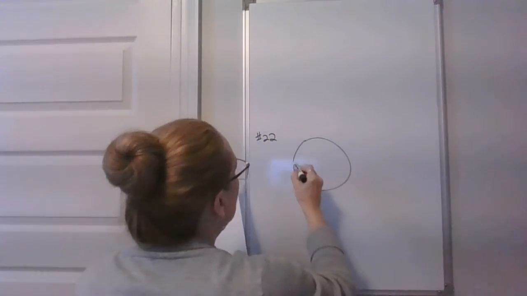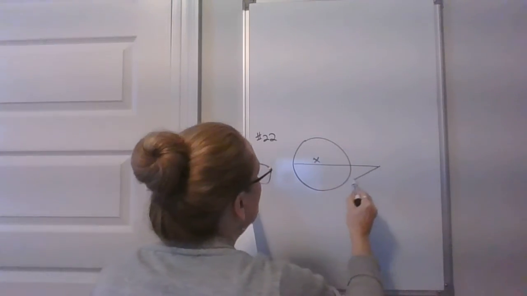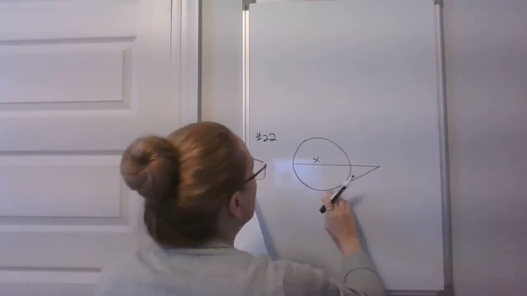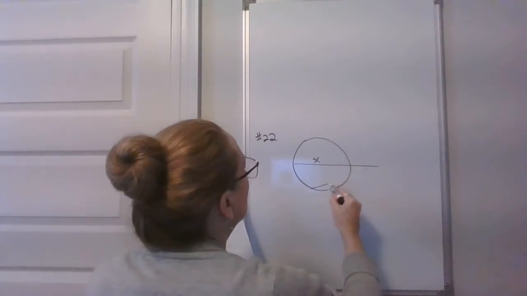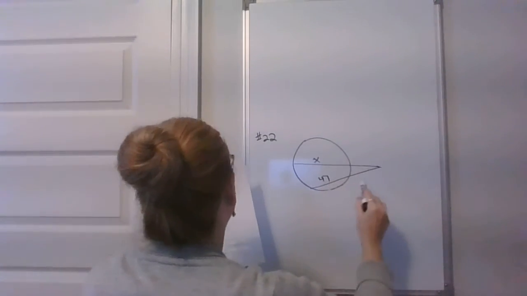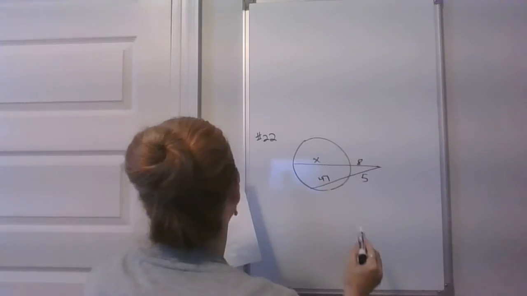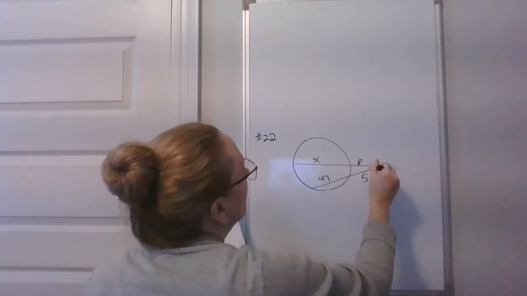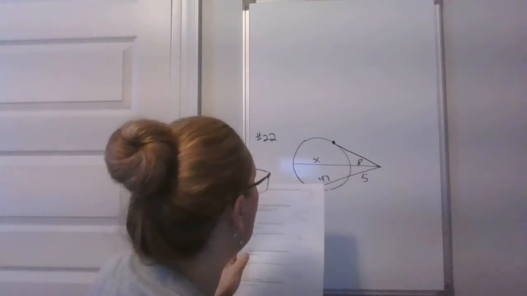Now, this one is asking not only to find the X value, and it has a, oh, excuse me, not a tangent. Here it's going to be a secant of 47, 5, and we have a value of 8 in here, but we've got this tangent right there.